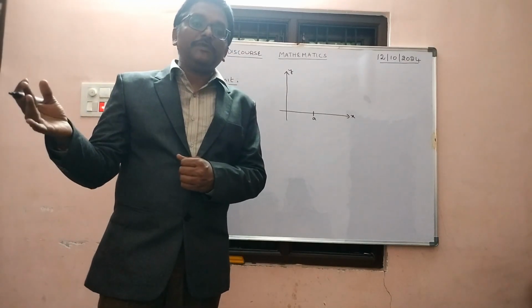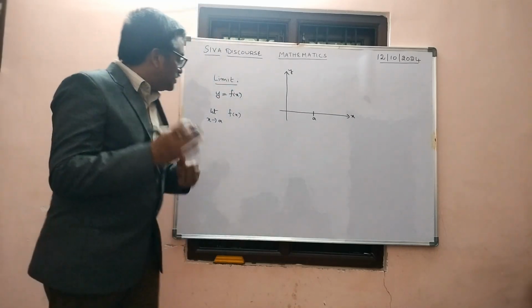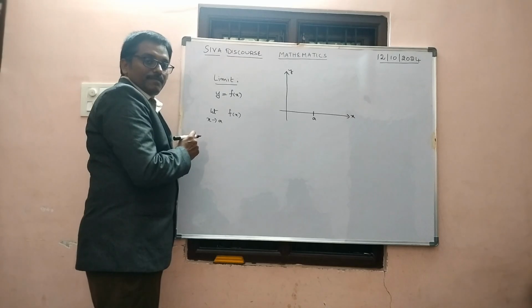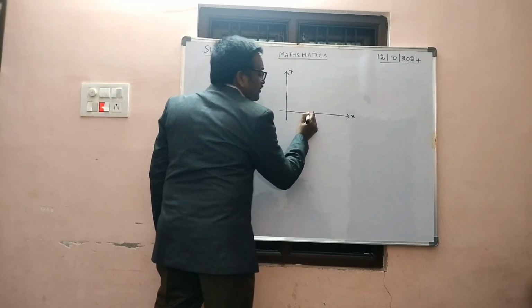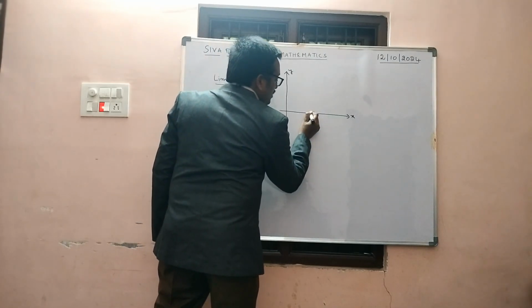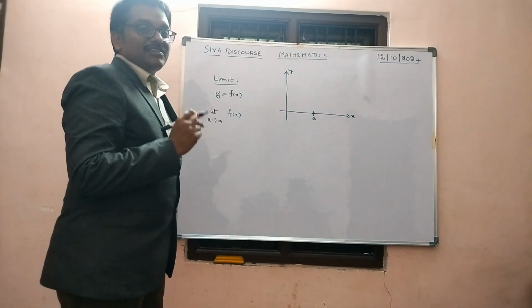Means we are not in that place. We are about to reach the place. Which means that x is different from A. X is close to A. X can be on the left side of A or right side of A. X can approach A either from left or from right, but it is near to A, it's not exactly A.